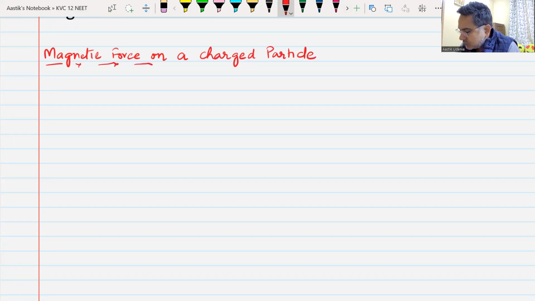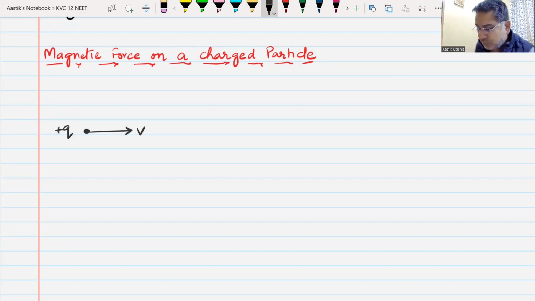What we are going to have is a charge particle, a moving charge, let us say a plus q charge moving with a velocity v, and this charge particle may be placed in a magnetic field.